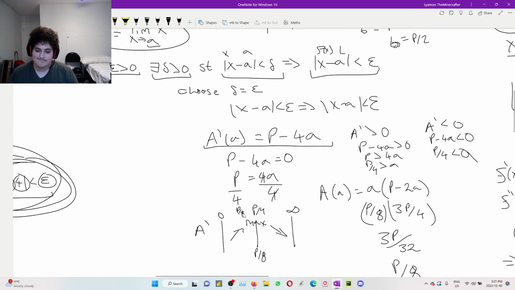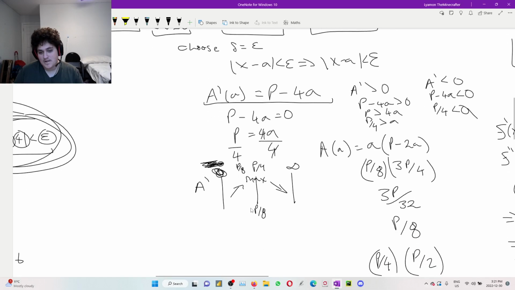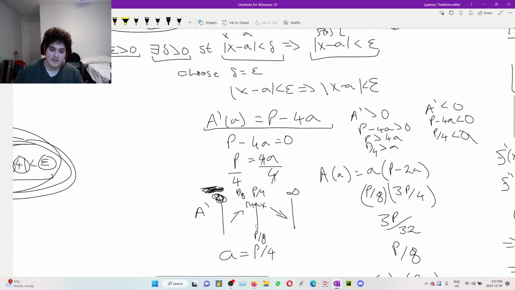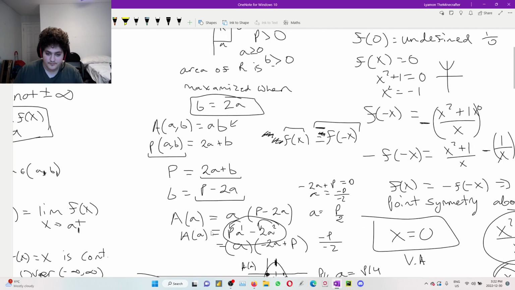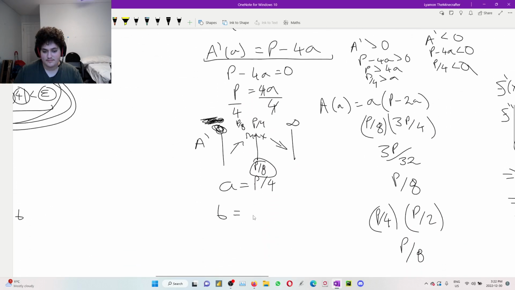It doesn't even matter if this went to negative infinity, but it doesn't, right? But yeah, we clearly have our maximum here when A equals P over 4. And we see that our maximum area is P over 8. A is P over 4, and B will be equal to P minus 2A, which is P over 2.